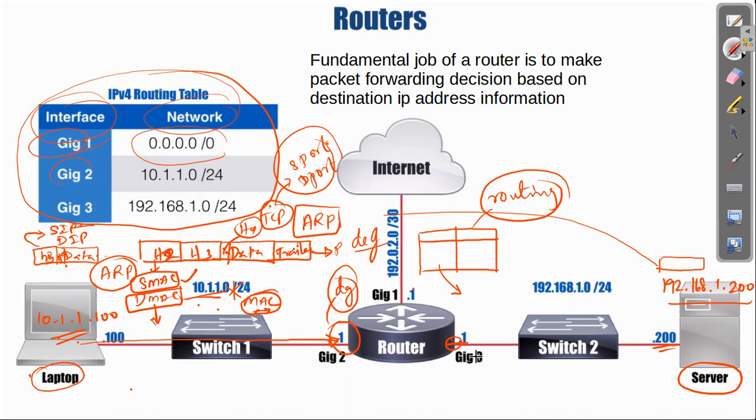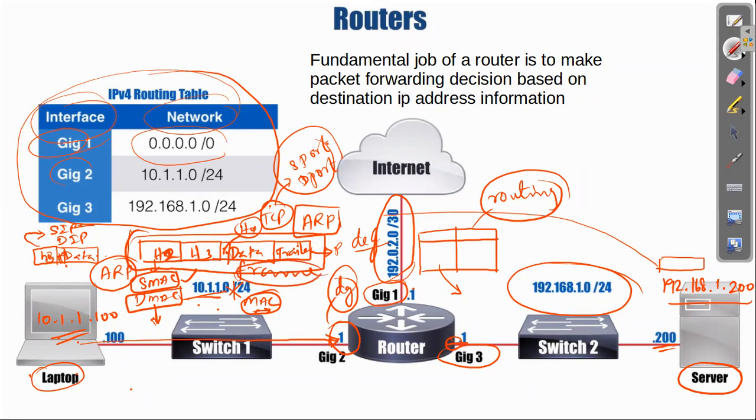So this Gig3 interface is connected to this network. Gig1 interface is connected to this network. Understand? Now, listen carefully. If the laptop wants to send this frame, it needs the source and destination MAC address.